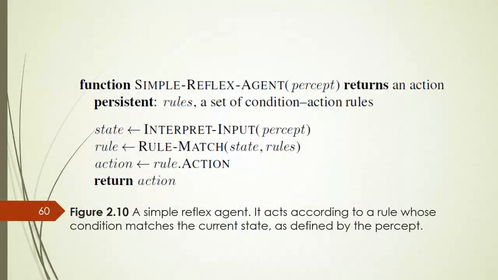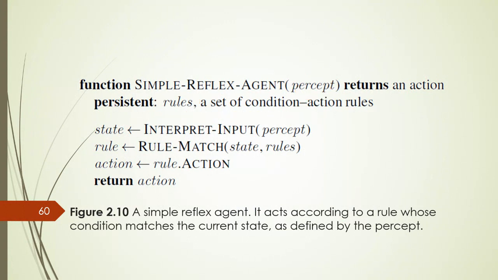So a more general program, not just for the vacuum cleaner agent. This is again from the book, figure 2.10, simple reflex. It gets percepts and gives action. What you need to save and have are rules, a set of condition-action rules.